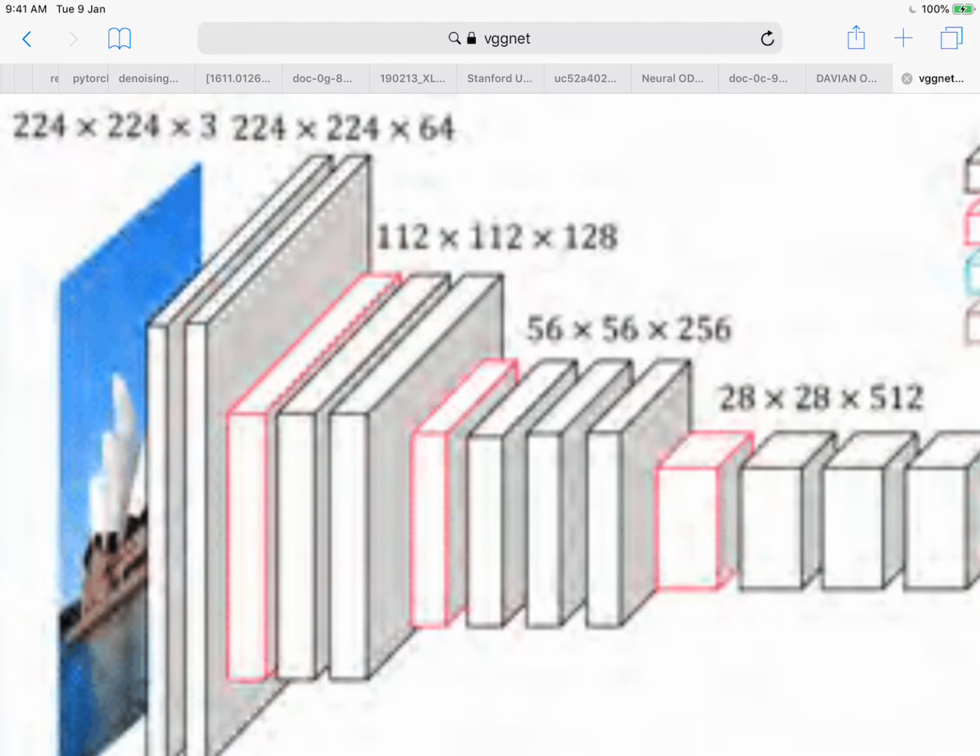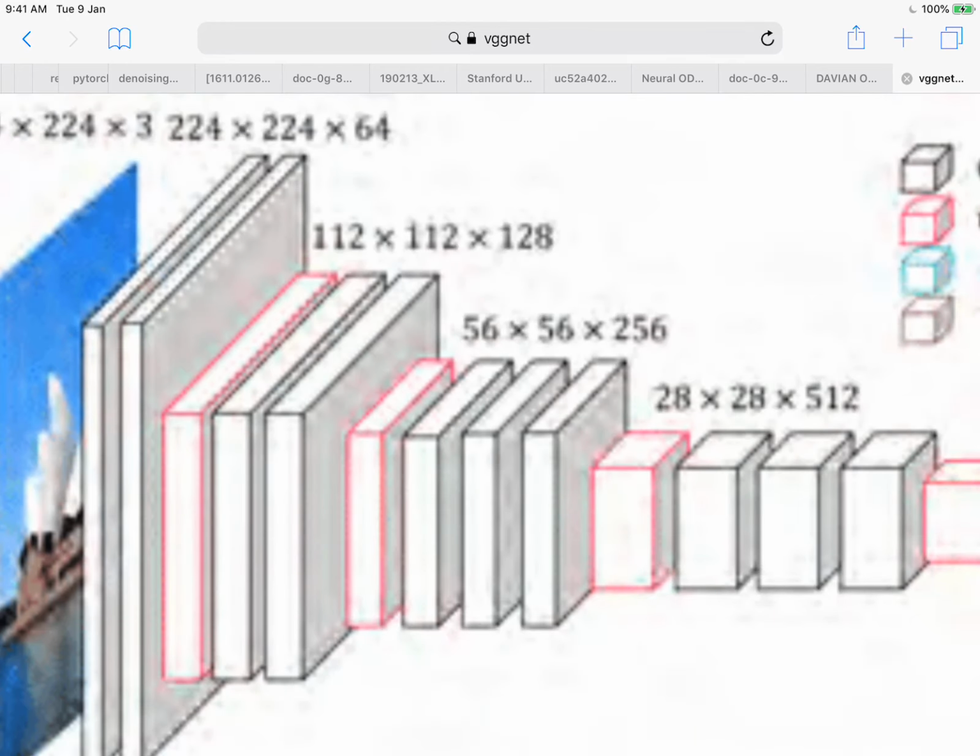And then, in general, this deep neural network is transforming it into another one, for example, 112 by 112 by 128. So the first 2 numbers are width and height, and the third number is called the depth or channel.